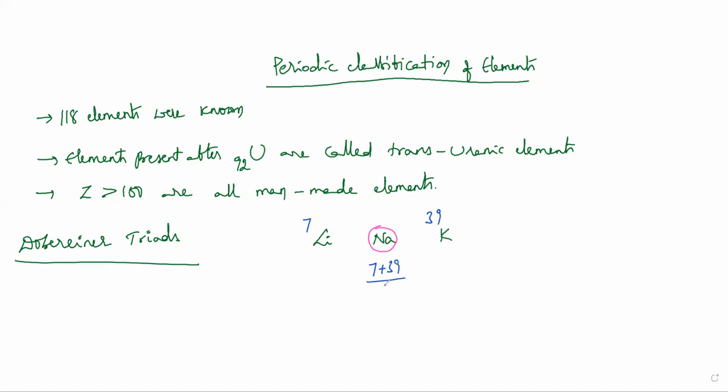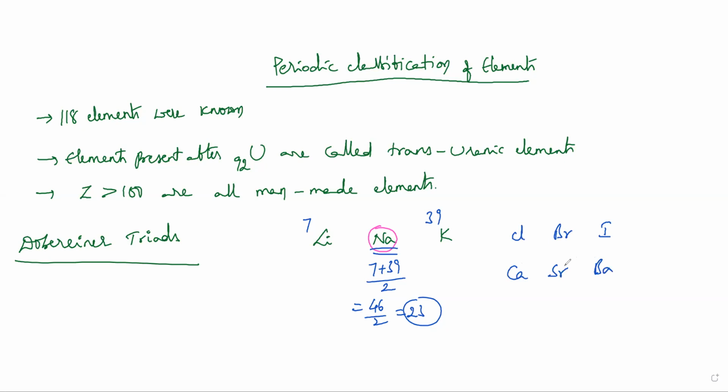So what is the average of atomic masses of first and third elements here? 7 plus 39, and take average, that is 46 by 2, which is equal to 23. So what is the atomic mass of sodium? 23. So this is what we call Dobereiner's triad. Similarly, you can try 2 more triads: chlorine, bromine, iodine, and calcium, strontium, barium.